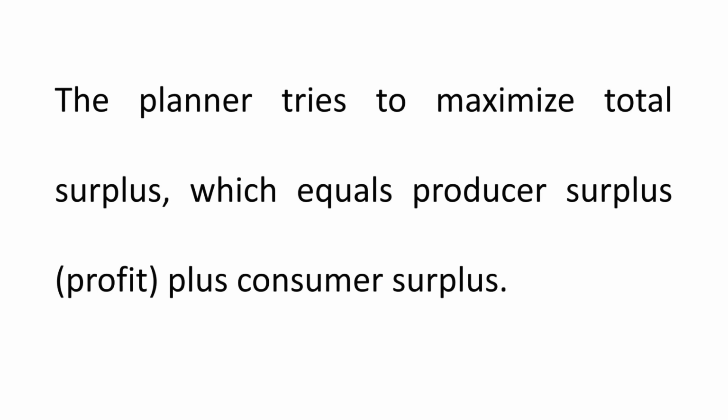The planner tries to maximize the total surplus, that is the producer surplus, which is basically his profit, plus the consumer surplus. So we know that total surplus is equal to consumer surplus plus producer surplus, right? And what is consumer surplus?